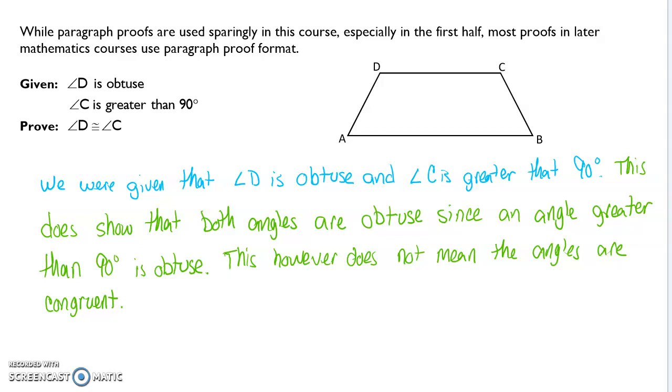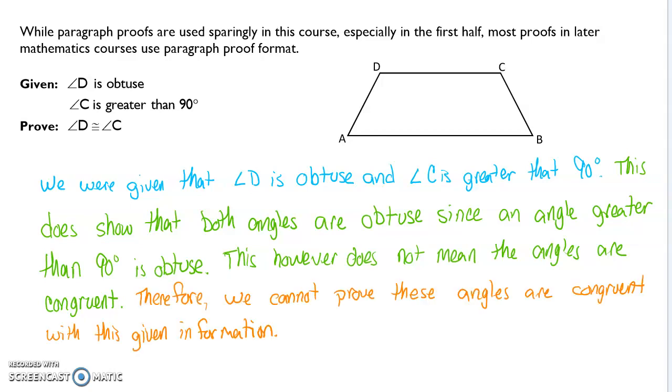When it does, it'll typically be in a paragraph proof form where we'll have you guys make that, and not in every paragraph proof, so don't expect every paragraph proof is going to have no conclusion. But I can't picture any problems that we have two-column proofs that there is no conclusion. Doesn't mean there isn't going to be any, but I can't remember any off the top of my head.